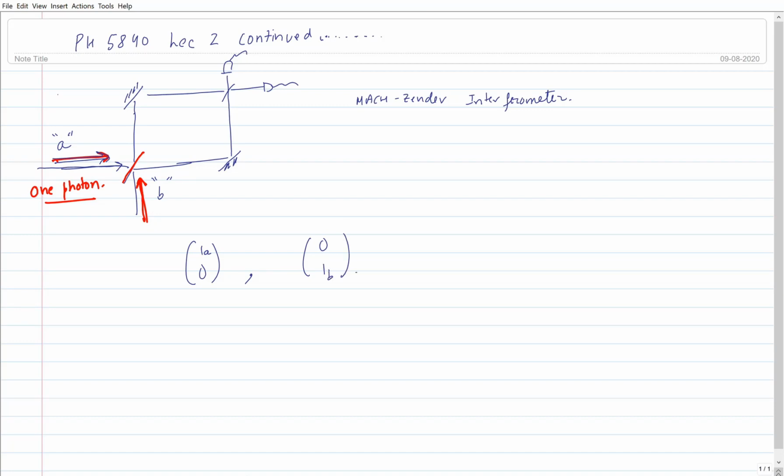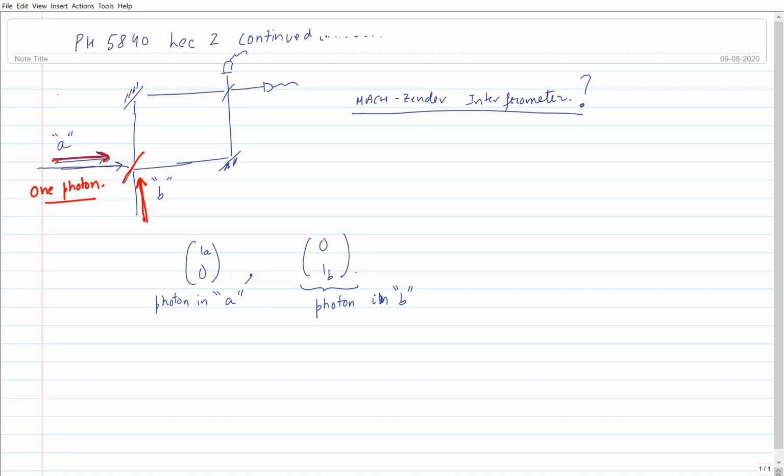So these are essentially the photon in A, and I'll label it as photon in B.